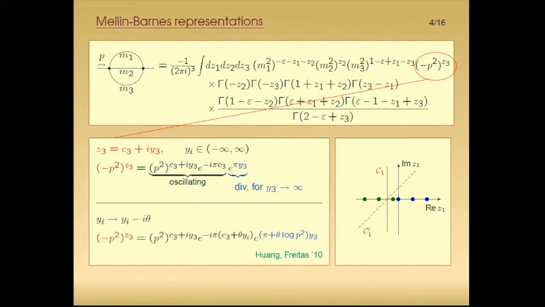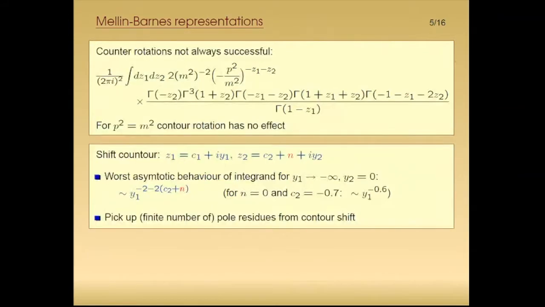It's not always that easy, because I can have situations where I don't have any relevant ratio of parameters. For instance, this is a vertex integral which depends on one external momentum squared and one internal mass. But I may be interested in a kinematic region where those two are identical.